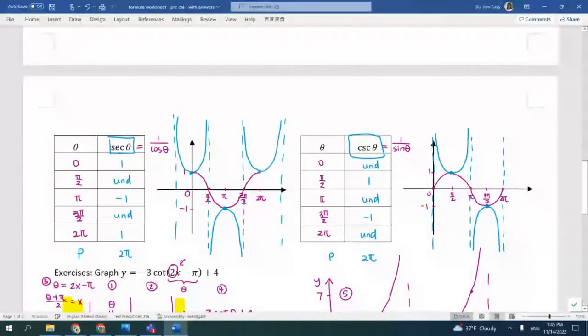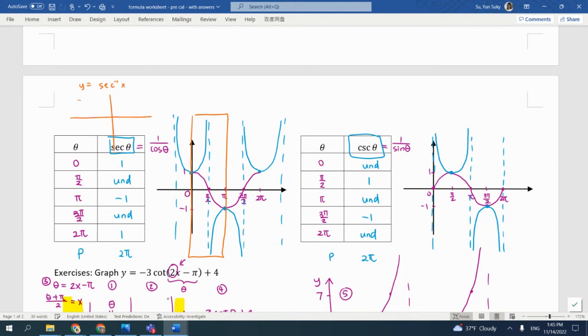Now how about arcsecant? For secant, you look at the one-to-one piece. The one-to-one piece is right here, from 0 to pi. Then you flip across the line. This point now becomes here.